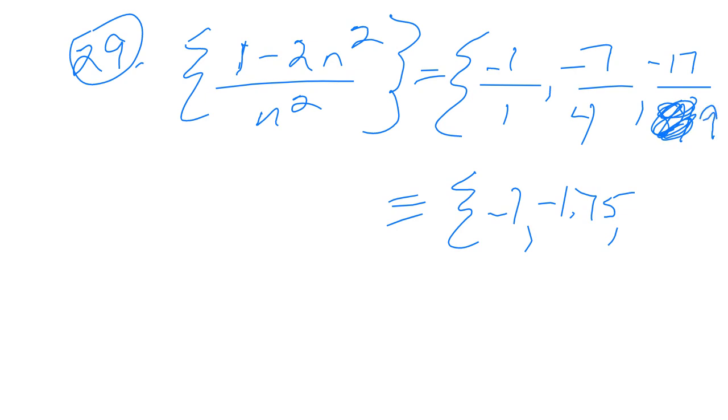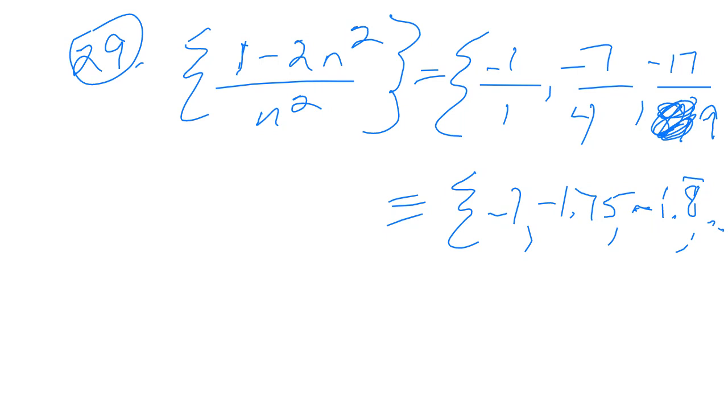Minus 17 over 9 is minus 1 8/9, or minus 1.8 repeating. So it looks like it could be getting smaller as we go. So it could be a decreasing one here.